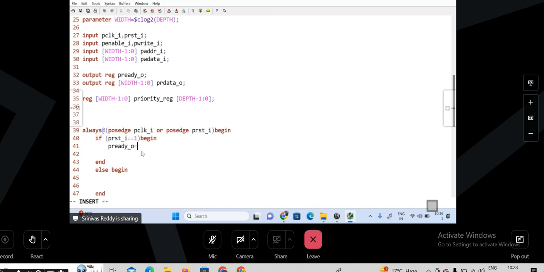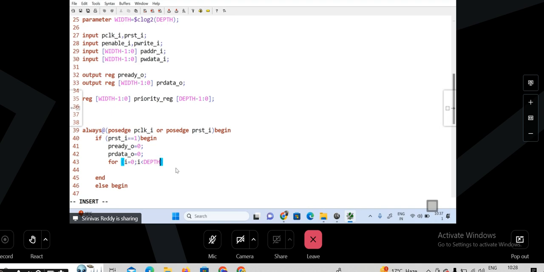There are single statements, so I can remove this, right? Shall I remove this one here also? Else I can write here. PR data is equal to priority reg of P address of I. Correct.